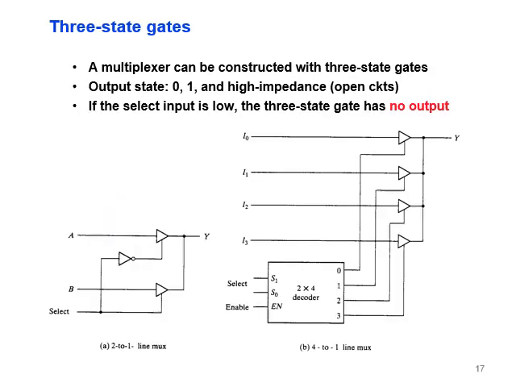If we take this to construct with 3-state gates, have a look here. We have here one state gate for A, as you can see here, and one for B. And this is a select. Let's assume if it is 1 here, then this is connected to B, then B will appear here.